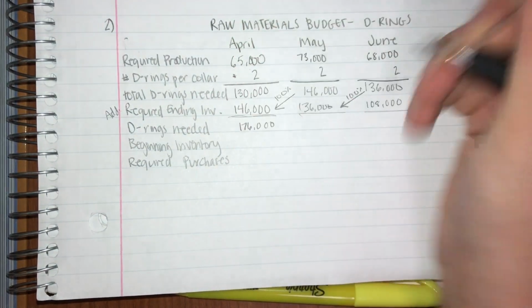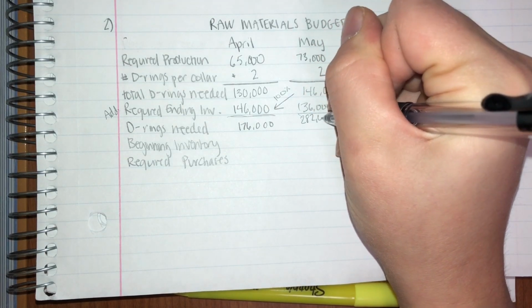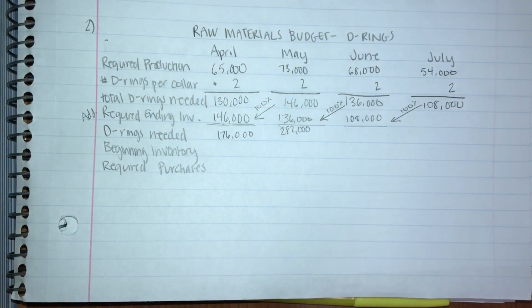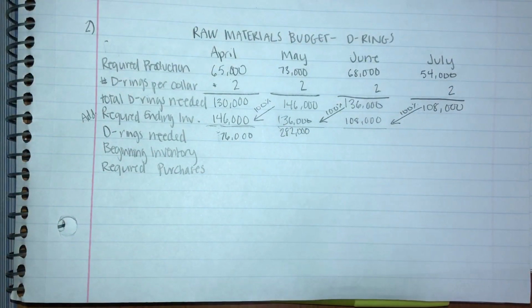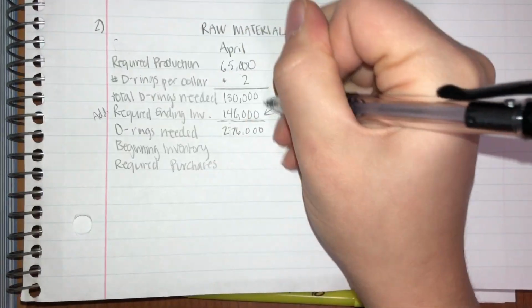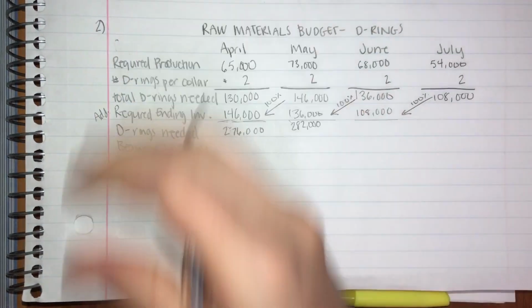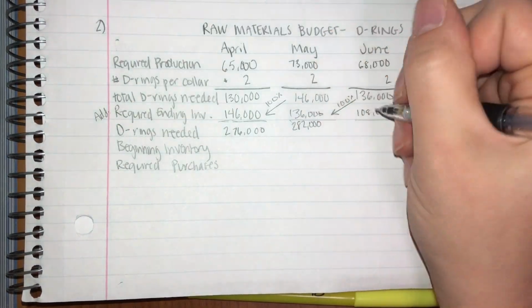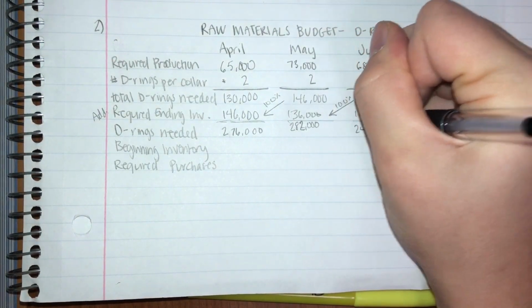So 176,000, and then this would be 282. Oh, this would not be 176,000, would it? That should be 276,000. So our solution might be off a little. Yeah, let's double check that. Yeah, so that should be 276,000. And then this one right here is 244,000.